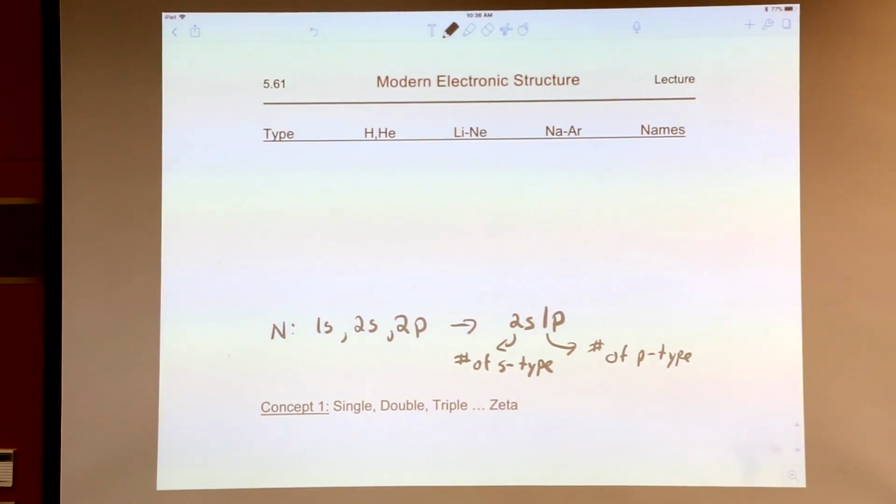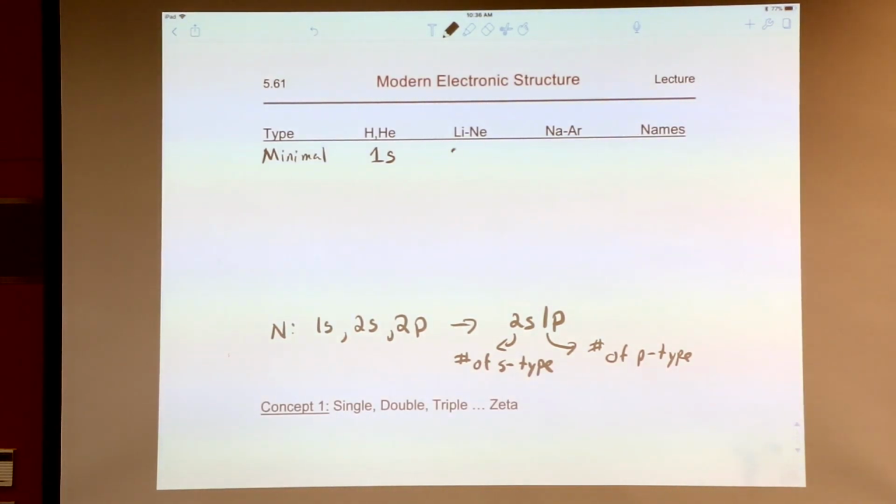And so then we can talk about the one basis set we've dealt with so far, which is the minimal basis set. For hydrogen and helium, there's just going to be that one s function on each of those. And then when I go down to the next row, it looks just like nitrogen. They all are going to need an s core function, an s valence function, and a p valence function.